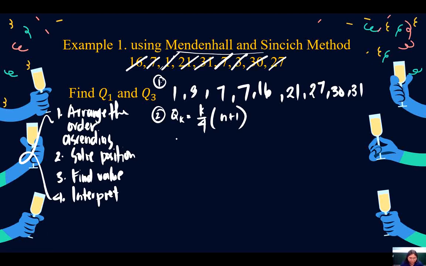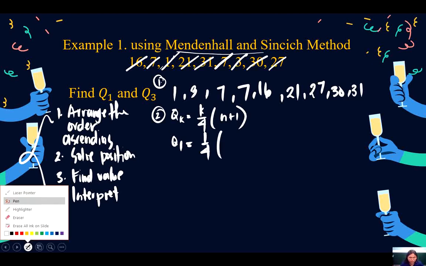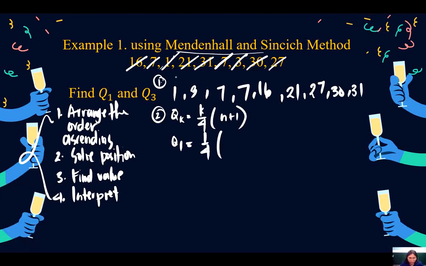First, our K is 1 kasi we're looking for the first quartile. So, 1/4. What is the value of our N? Let's count. 1, 2, 3. Sorry, this is a comma. So, 3, 4, 5, 6, 7, 8, 9. Okay, so our N is equal to 9.